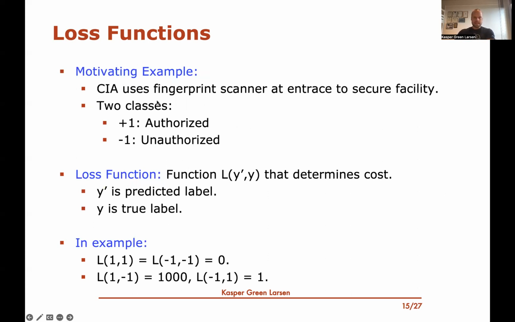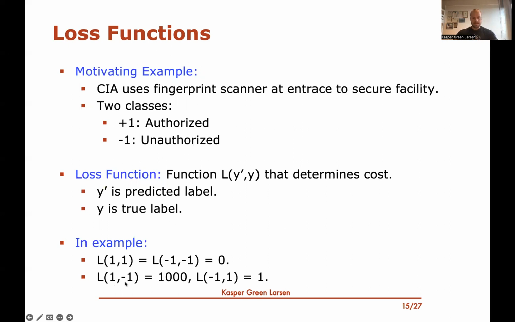So for instance, in this example with the CIA and the fingerprint scanner, you could say, okay, if I happen to authorize a person who is authorized, or I deny a person who's unauthorized, then I don't have to pay anything. I did it perfectly, so I pay 0, the loss is 0.